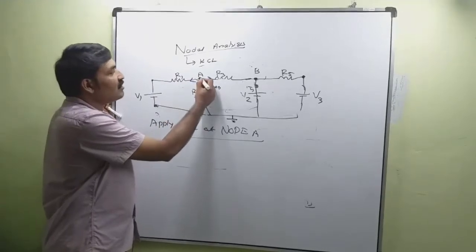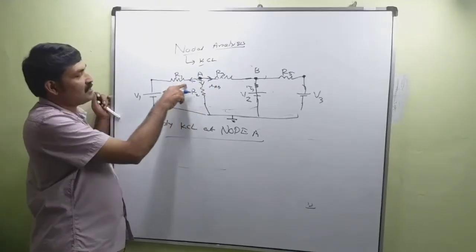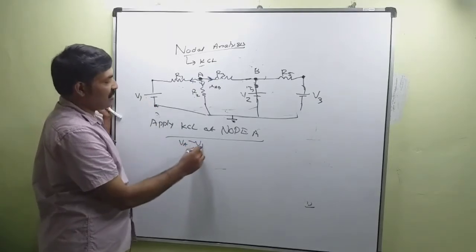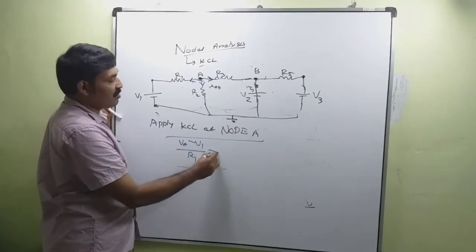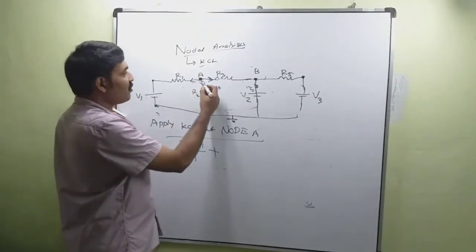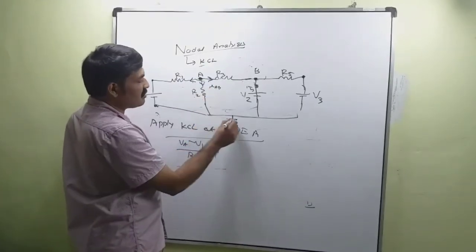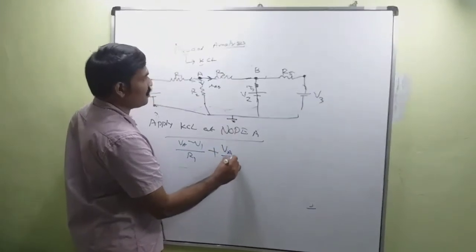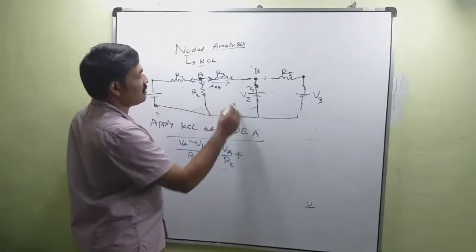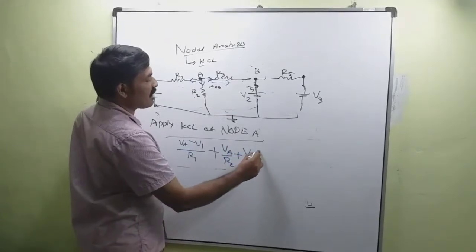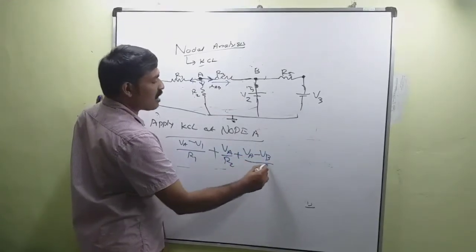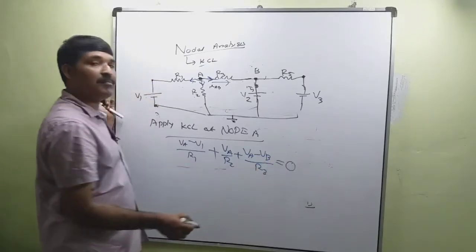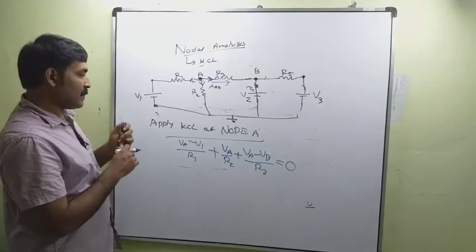The current going through this branch is (VA minus V1) divided by R1, plus VA by R2, since this is the zero potential, plus the current through this branch, (VA minus VB) divided by R3, equal to 0. That is, the sum of the currents is equal to 0.